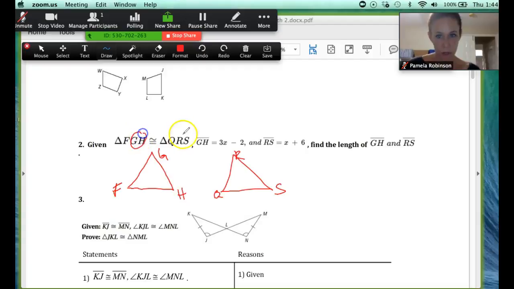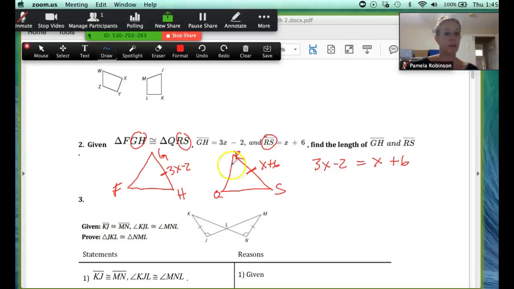GH should be congruent to RS. GH is 3x minus 2, and RS is x plus 6. I'm going to mark them congruent. If these two are congruent, I can set them equal to each other and solve for x.